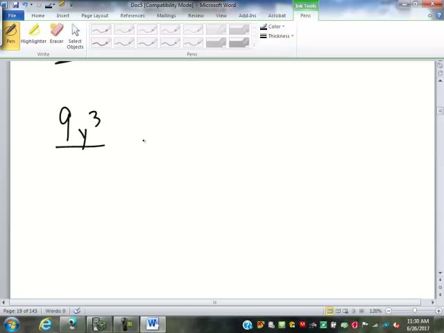So let's take something like 9y to the 3rd over 20x, times 16x to the 4th over 21y to the 5th.